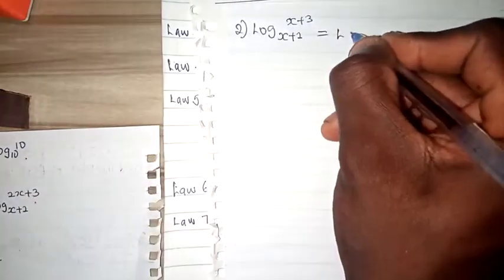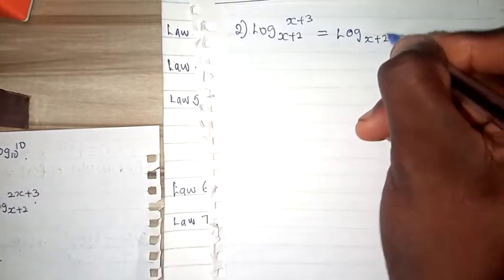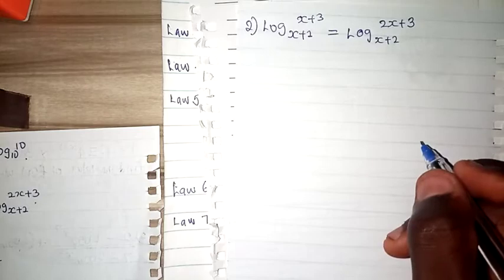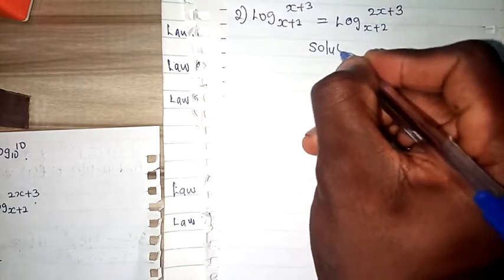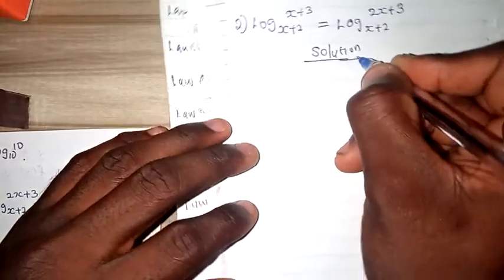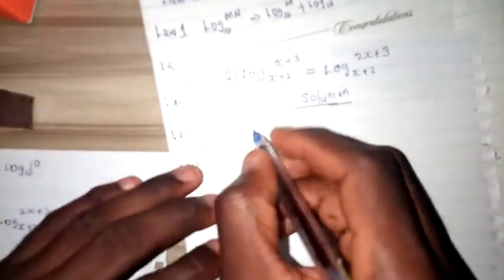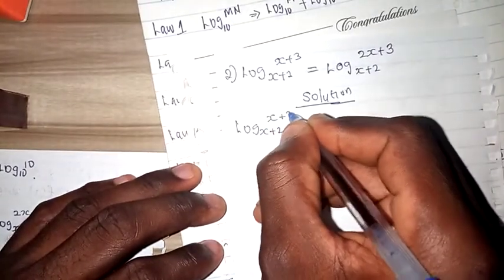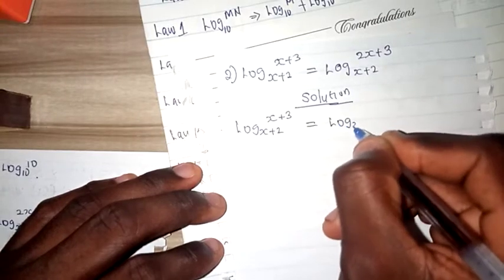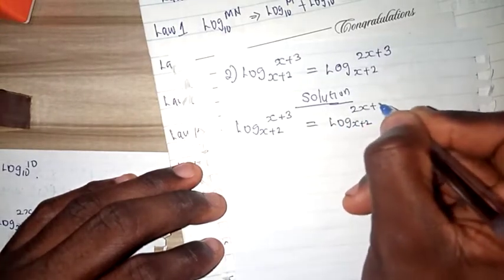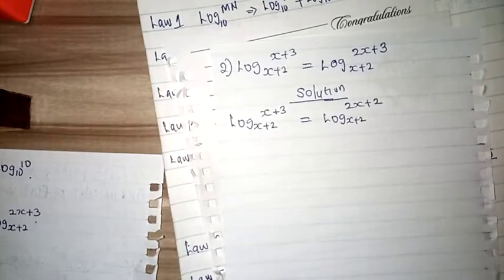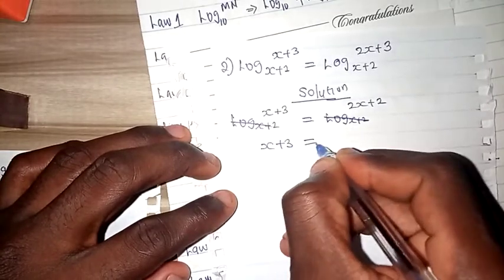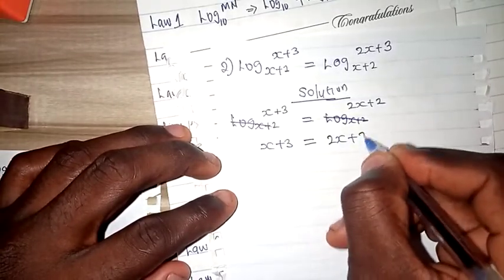You can pause the video to work the example, then check if you are right. So let's get to the solving. Solution. This is having log of base x plus 2 of x plus 3. I supposed to use 2 ways to solve this, because we can use 2 ways to solve this one too. We cancel this, we have x plus 3 equal to 2x plus 2.